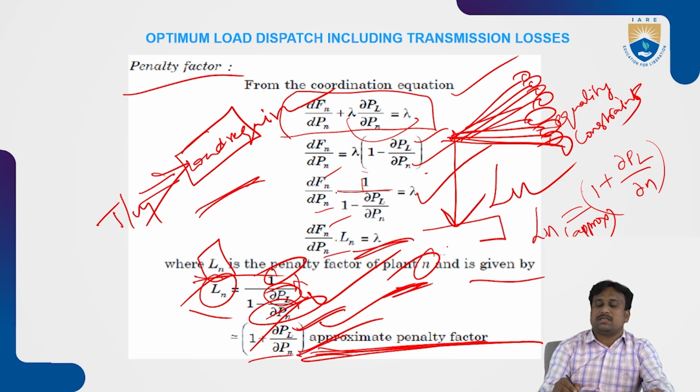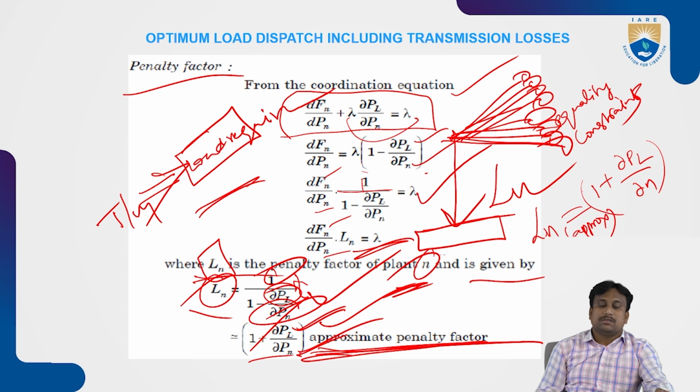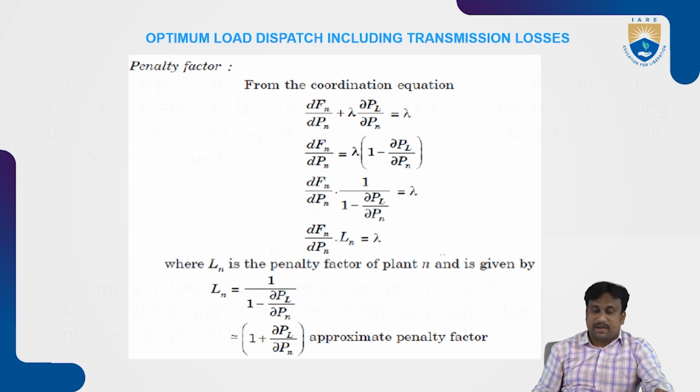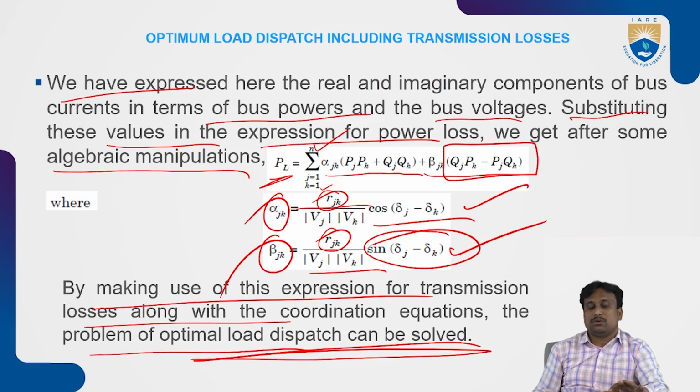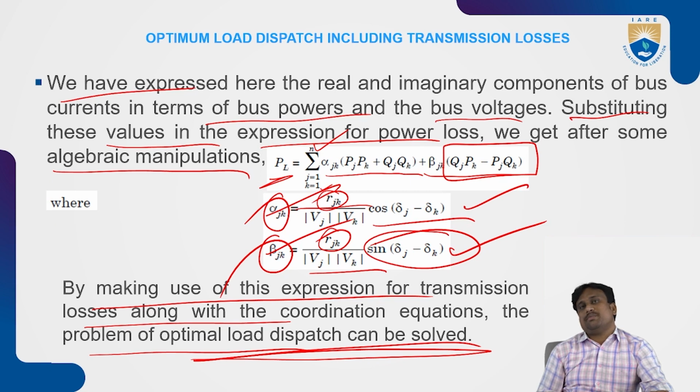This mismatch can be neutralized by filling its gaps with the number of units or number of generators connected in the line. Due to this, the penalty factor coordination may also be considered with alpha and beta coefficients. Whatever problem we are facing in optimal load dispatch can be solved easily.